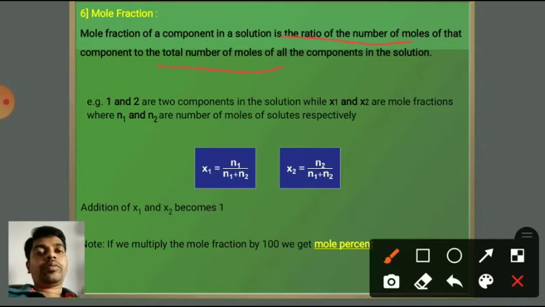For example, if we have two components 1 and 2, and we have to calculate the mole fractions x1 and x2 for compound 1 and 2, where n1 and n2 are the number of moles of solutes respectively, then we can calculate the mole fraction for each component by formula. x1, the mole fraction for component 1, is given by n1 upon n1 plus n2, while the mole fraction of the second component is given by x2 equal to n2 upon n1 plus n2.